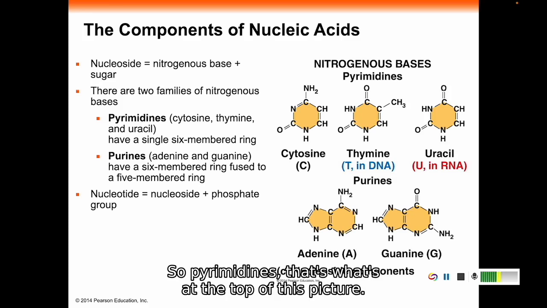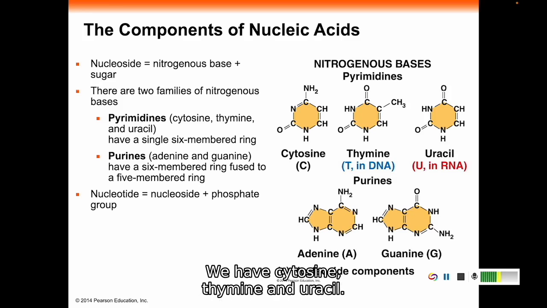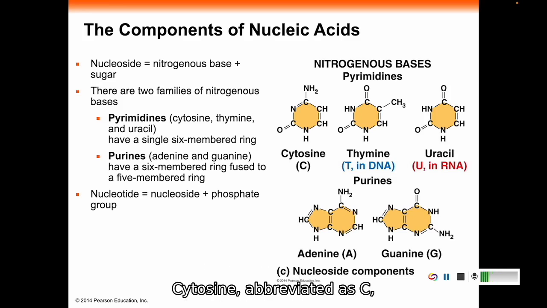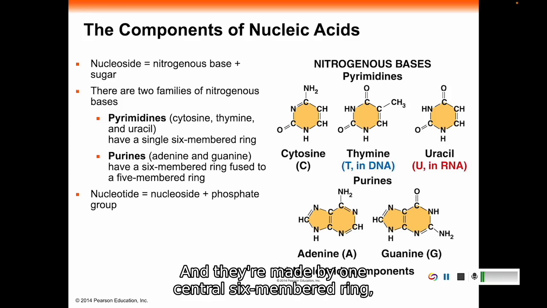So pyrimidines, that's what's at the top of this picture. We have cytosine, thymine, and uracil. Cytosine, abbreviated as C. Thymine, abbreviated as T, only found in DNA. And uracil, abbreviated as U, which is only found in RNA. Those are our three pyrimidines: cytosine, thymine, and uracil. And they are made of one central six-membered ring.